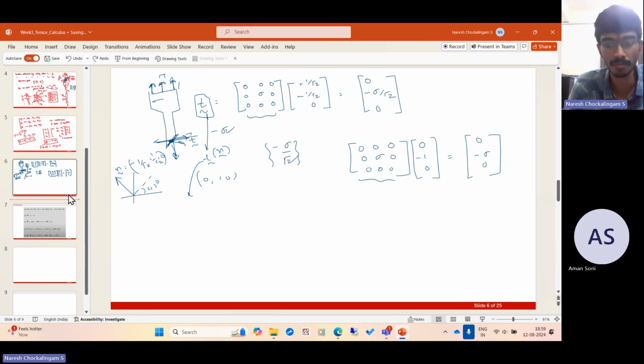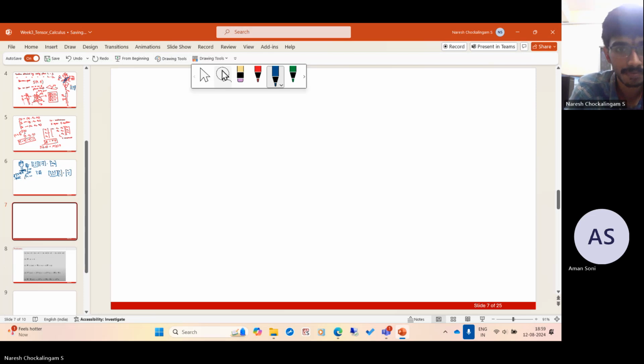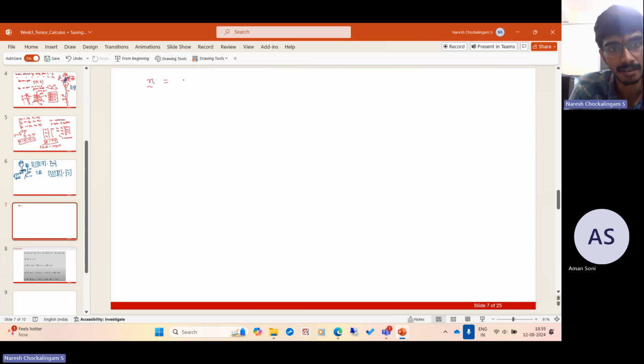Let us say the plane has normal 1 by root 3 e1 plus 1 by root 3 e2 plus 1 by root 3 e3. So this is a normal which is equally inclined to all three coordinate axes.